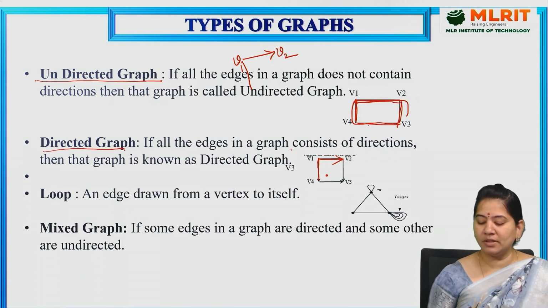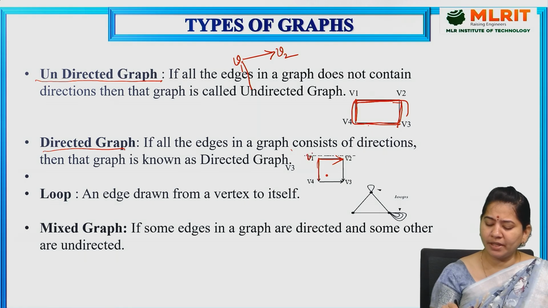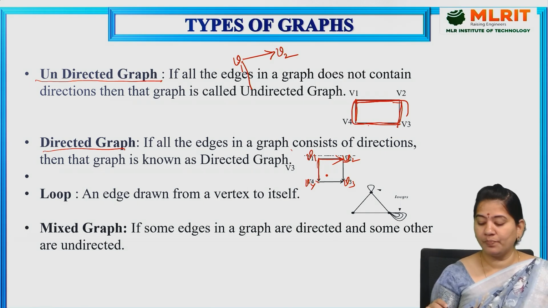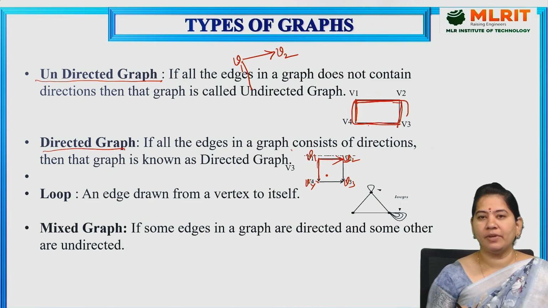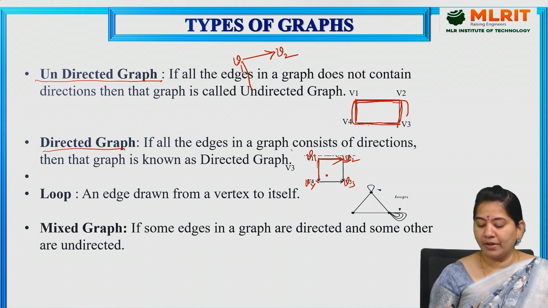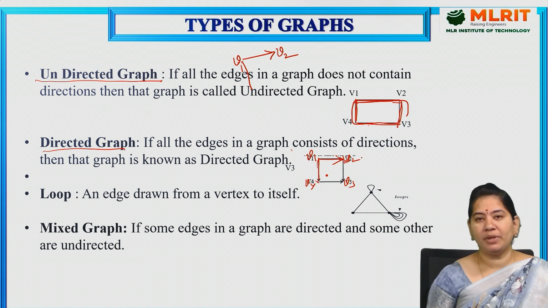Now if you observe this example, here we have V1, V2, V3 and V4. Now V1 is moving towards V2. V1 is again moving towards V4 also. V1 moving towards V2 is nothing but going outward, so we can say outgoing, and for V2 it is called incoming direction.